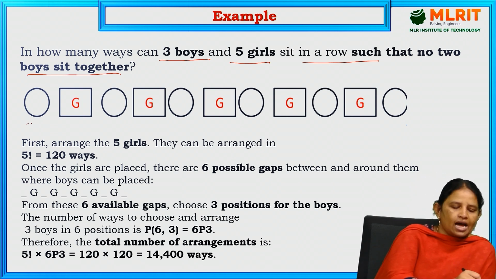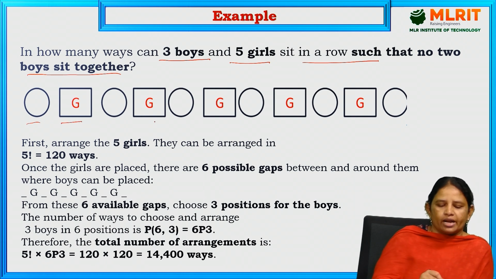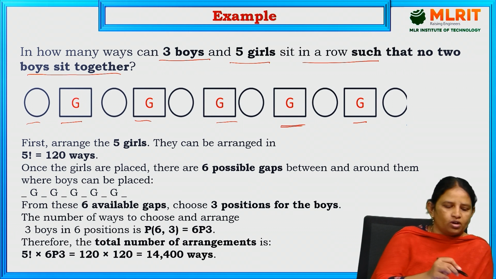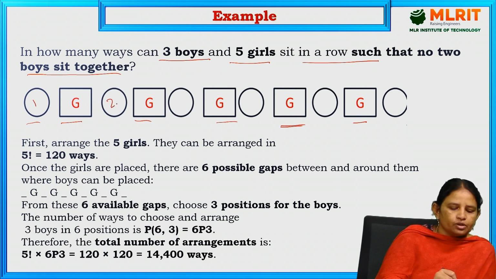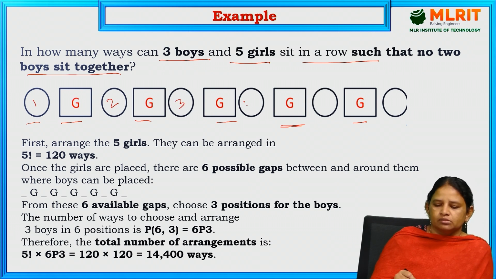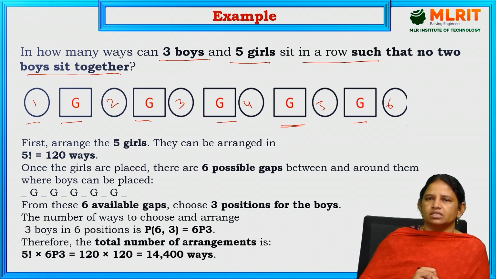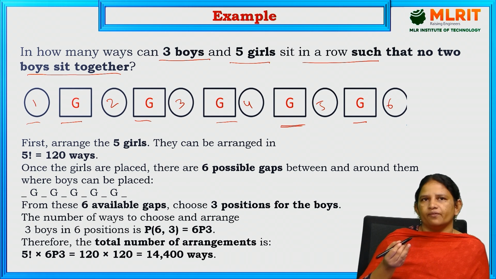So first of all, we have to arrange the 5 girls. After that, how many places are empty after arrangement of girls? 1, 2, 3, 4, 5, 6. 6 places are there. For the 6 places, how many ways can we arrange 3 boys?